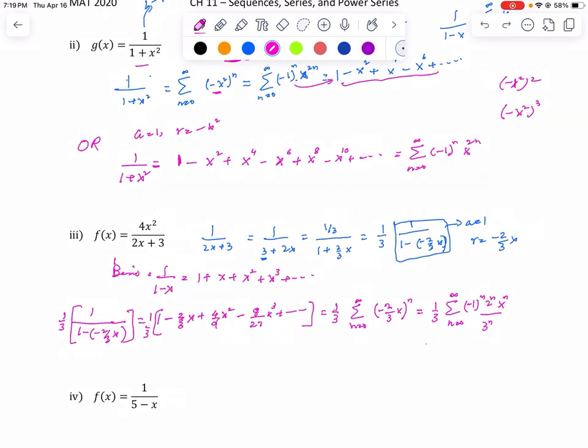Now the last thing, we have to incorporate the 4x squared. So the 4x squared, now I can write that 4x squared divided by 2x plus 3 equals 4x squared into this quantity, the one that we found. So it is equal to 4x squared over 3.